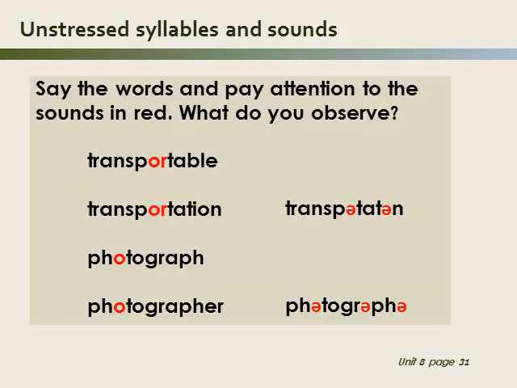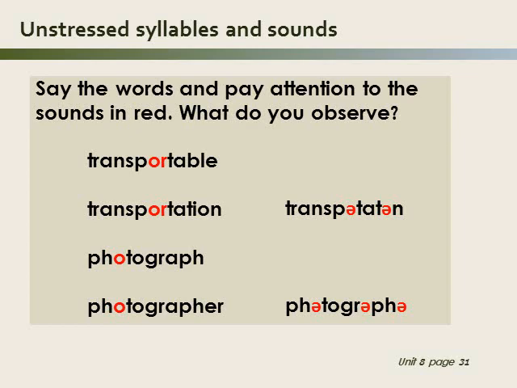If we look here, you'll see that transportation actually has two of these unstressed sounds, transportation, and photographer has three, 1, 2, 3. This sound, which is called the schwa, is the most common vowel sound in the English language, and appears very frequently in unstressed syllables.